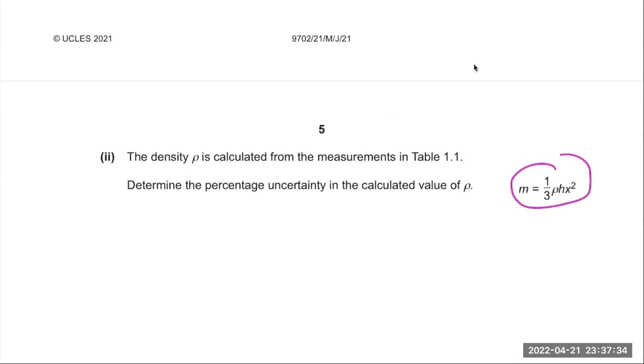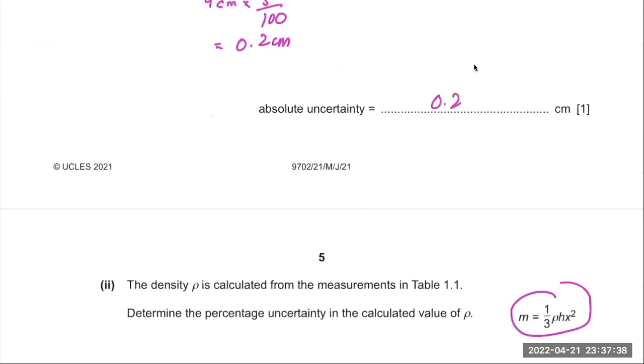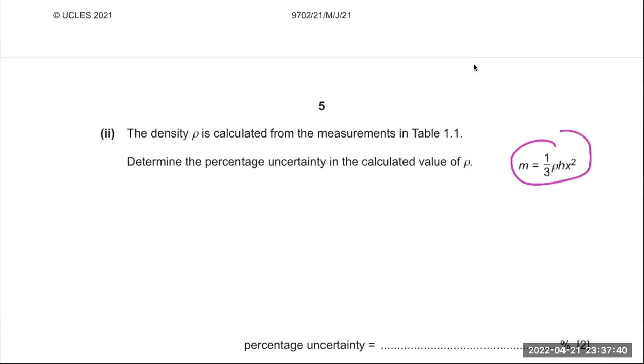Now, let's make rho the subject of the equation. So rho is equal to 3m over h x squared.